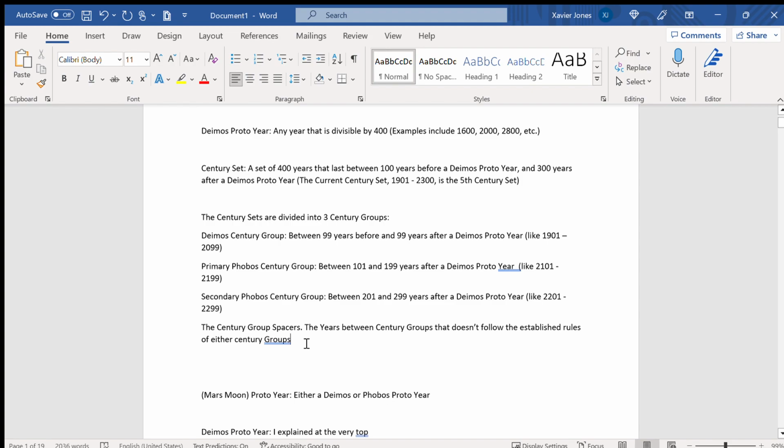The century group spacers: the years between century groups that don't follow the established rules of either century groups or alpha year cycles, and have their own exception rule.